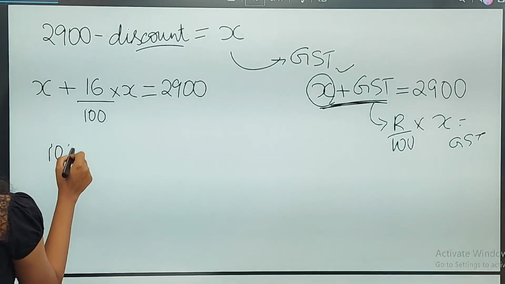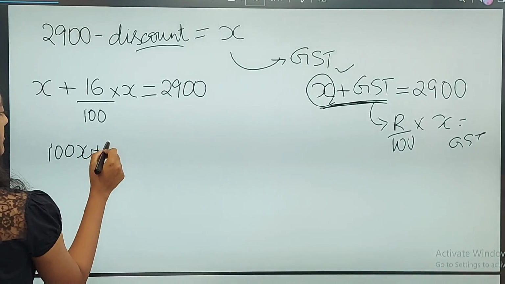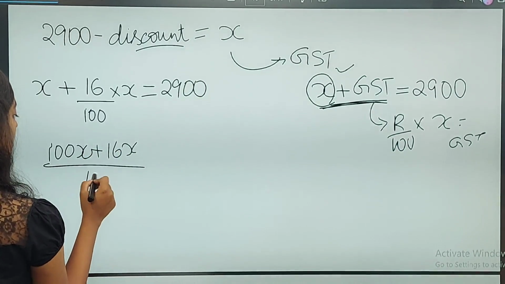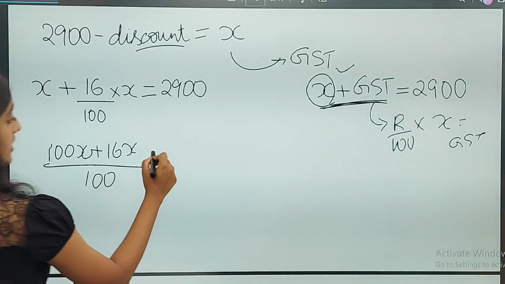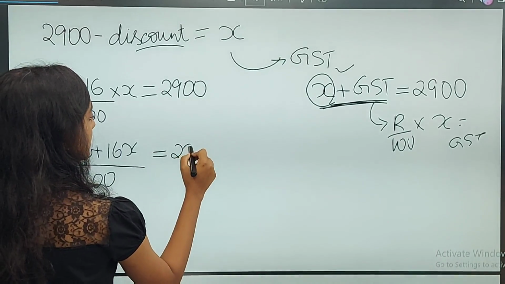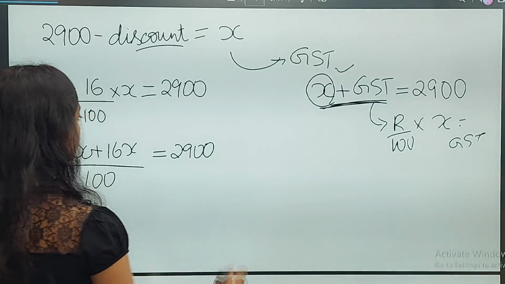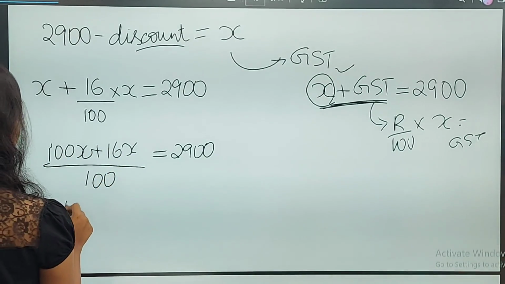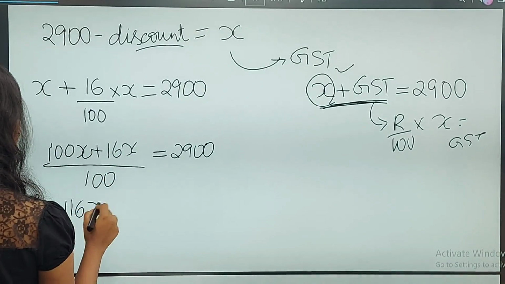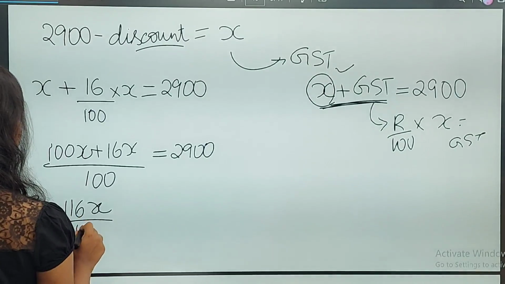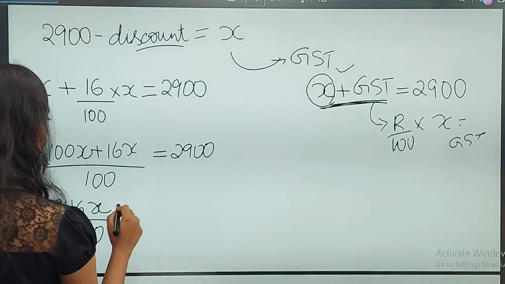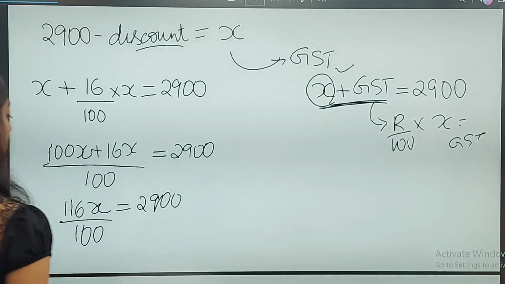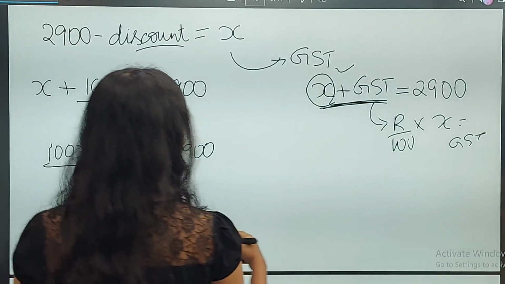So 100x plus 16x by 100 is equal to 2,900 rupees. Right? 100x plus 16x is 116x divided by 100 is equal to 2,900. Right? We have to find x.